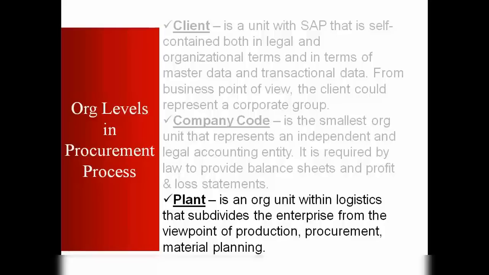And from a production planning point of view, plant is where all the production is happening, that's your plant from SAP PP. Basically, from the MM side, where all the stock is kept, that's your plant.